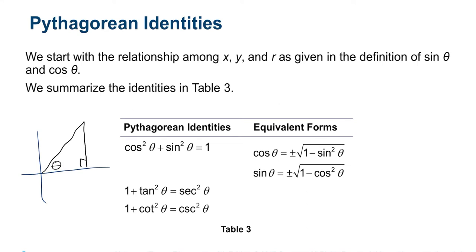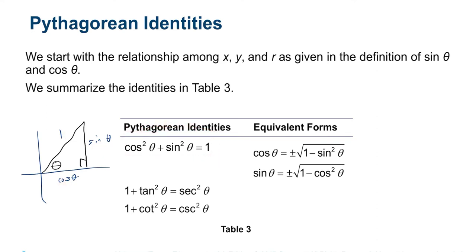And so on a unit circle, we already know that the hypotenuse is 1, by definition of the unit circle, radius 1. So this becomes your cosine, this becomes your sine. And so now a squared plus b squared equals c squared. And that's where this comes from.